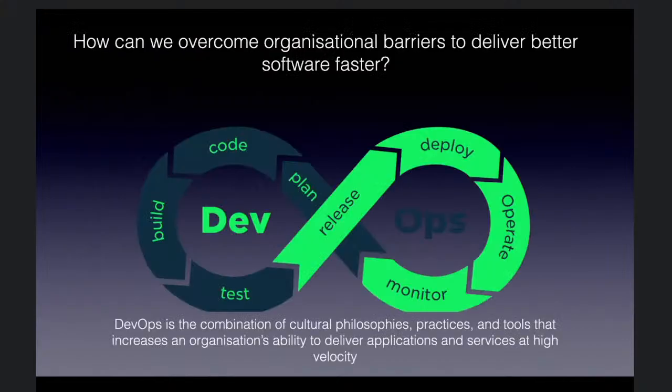So what does DevOps aim to do, or what is the goal of DevOps? It's really about how we can overcome organizational barriers so that we can deliver software better and faster. How can this dev team and this ops team, which have their own structure, work toward the same goal? Everybody wants to take good software that will work in the world.